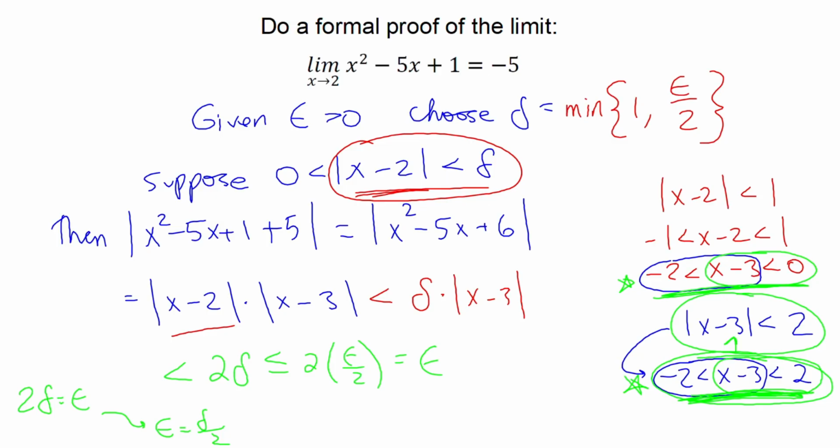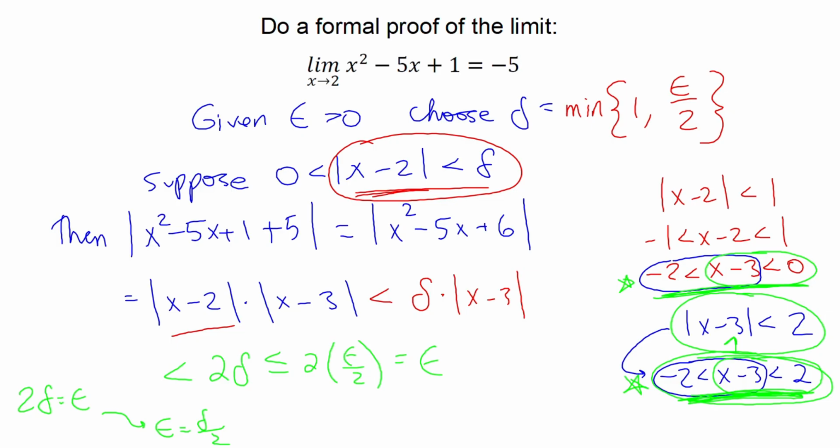The reason why it's a less than or equal to rather than just a less than like it usually is, is because it depends on whether I choose the 1 or the epsilon over 2 as my delta. Right? So if I choose the epsilon over 2 as my delta, then those are just equivalent statements, right? 2 times delta is 2 times epsilon over 2. Delta is epsilon over 2.